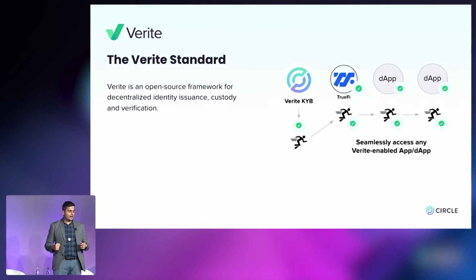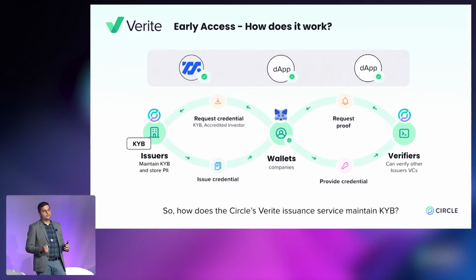So let's take a look at how this actually works a little bit behind the scenes. What we have here is Center, the organization who has laid out this standard.